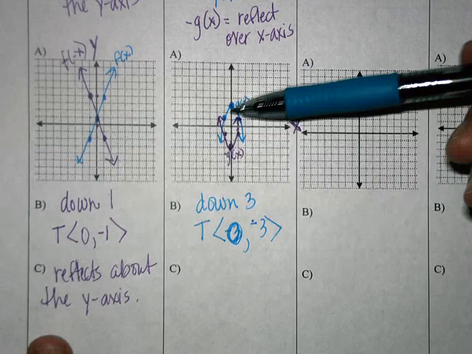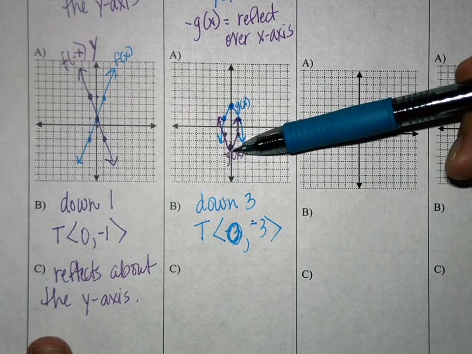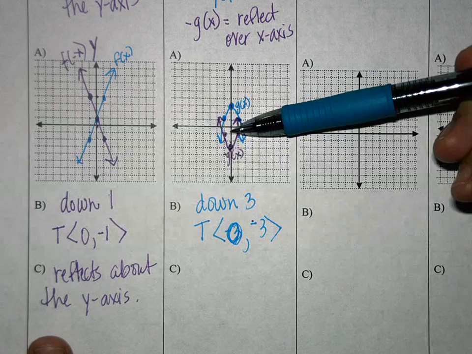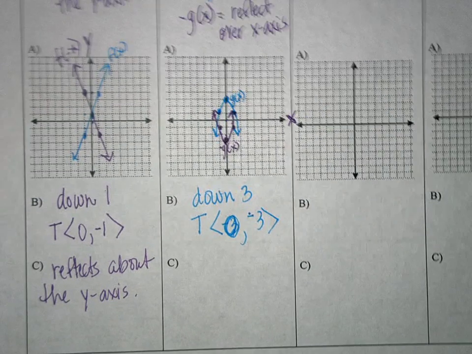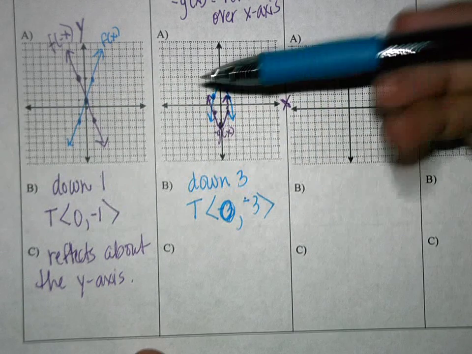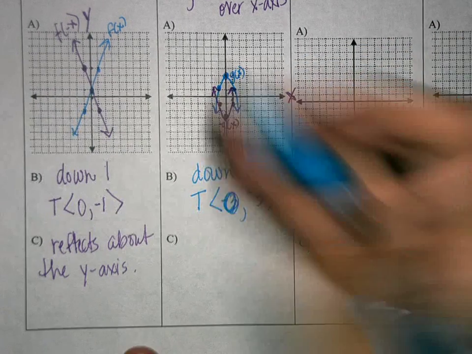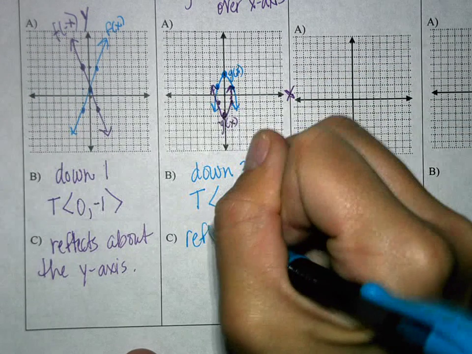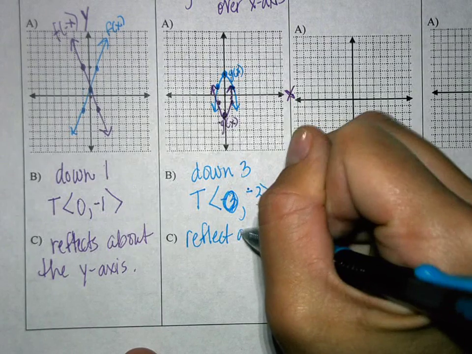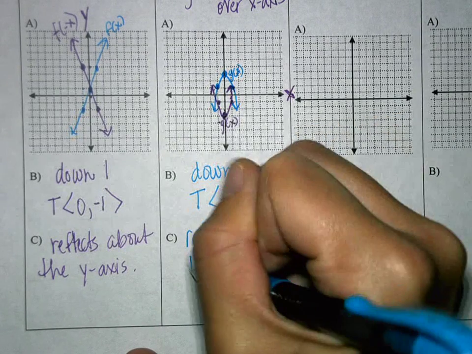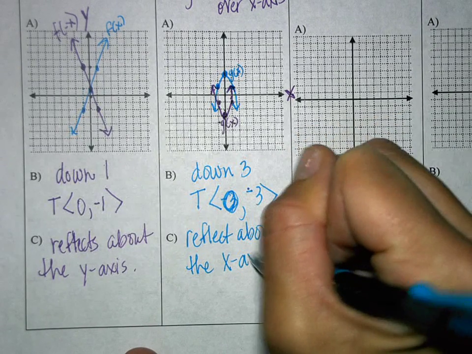And so it's just basically asking you, what would you do to this in order to get it to 0, 0? So this would have to move down 3. Okay, and then again, the original function to our negative g of x function, all it did was reflect about the x-axis.